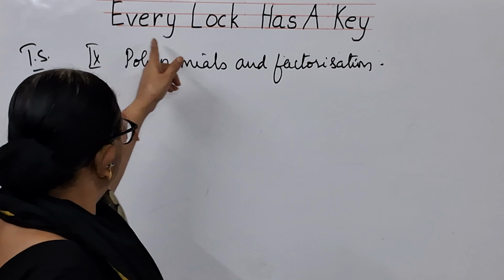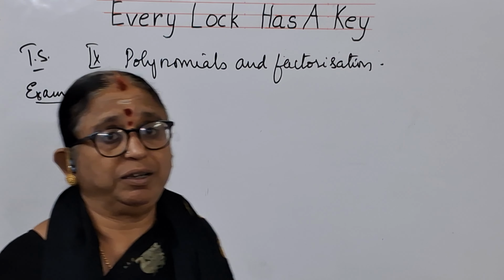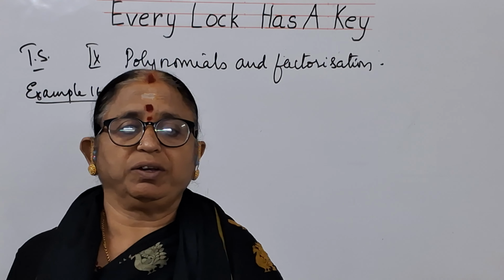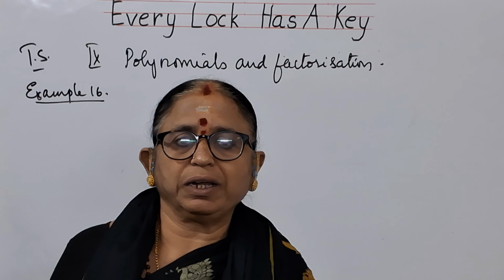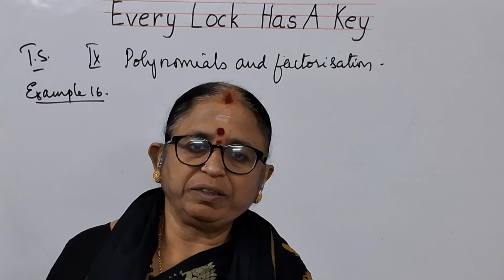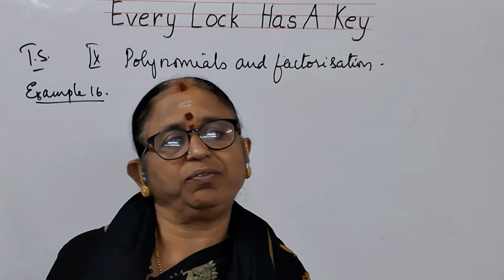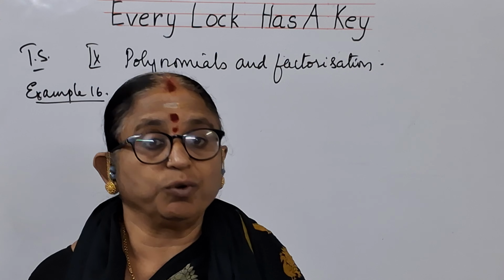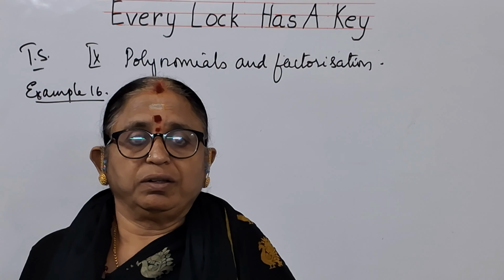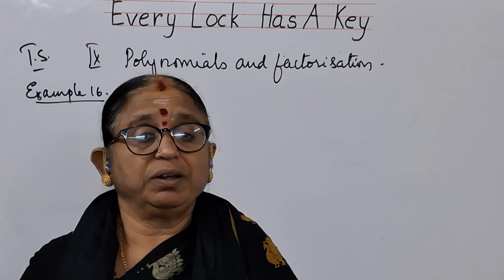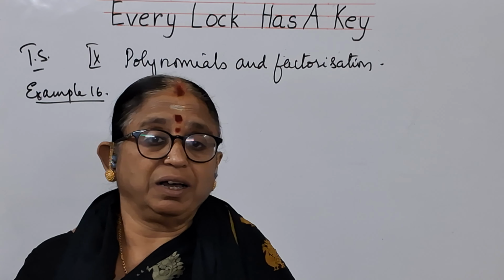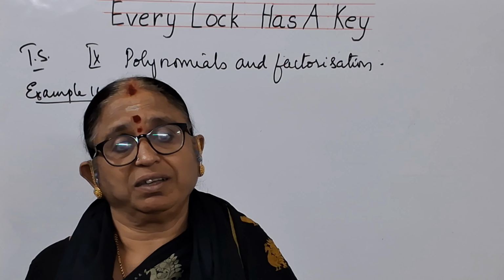That is, every lock has a key. What do you mean by this, children? You know about lock and key. If you have a bunch of keys with you and a lock is given to you and they ask you to open that lock, how you are opening depends upon your alertness.